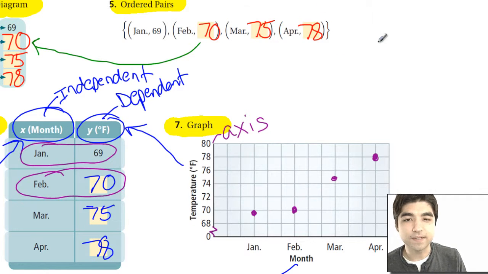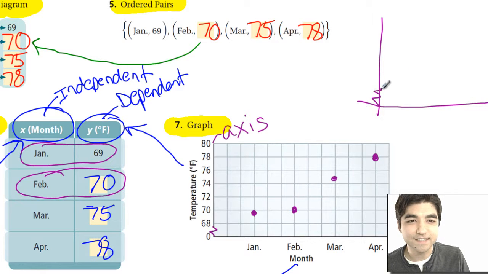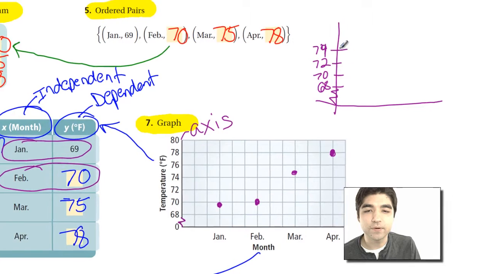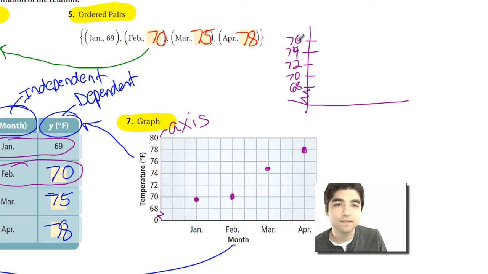Like for example, if I was making my own notes, I would draw a little graph and let's see, draw the little lightning squiggly and then have 68, 70, 72, 74, and 76, and 78, and then have January, February, sorry it's kind of sloppy me drawing on the computer, March, and then we got April out here.